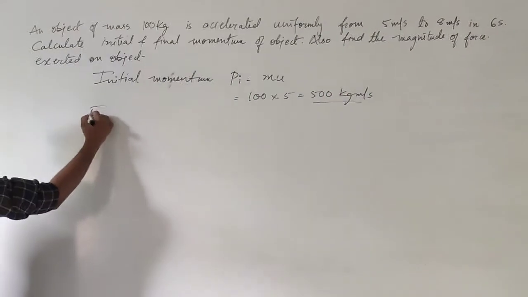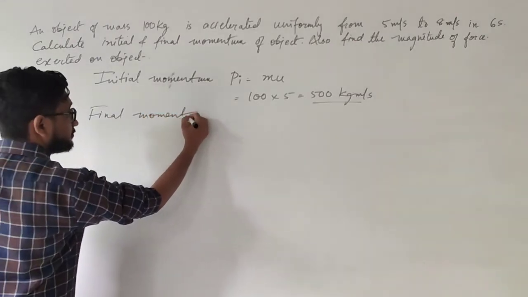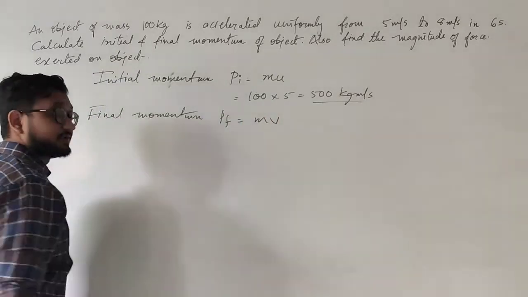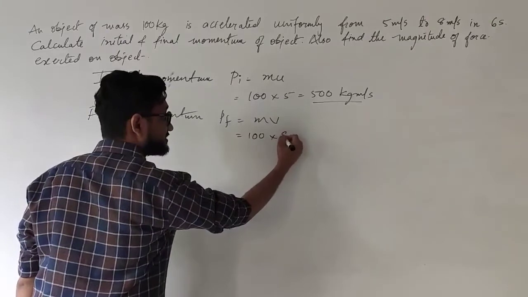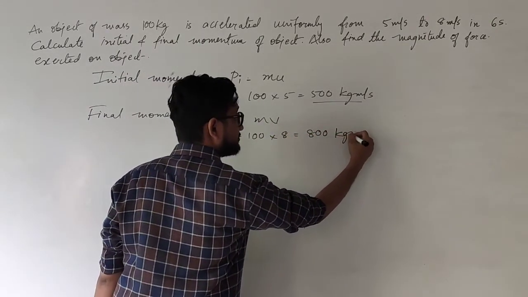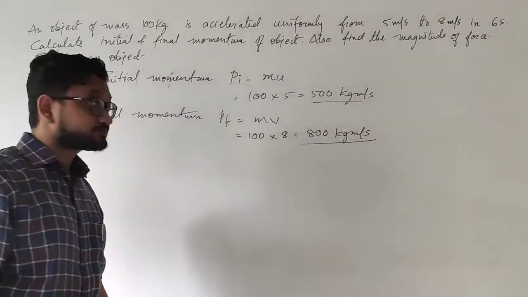Similarly, final momentum is mass into final velocity. Mass is not going to change obviously. Velocity is 8. So it becomes 800 kilogram meters per second. So this is your final momentum.